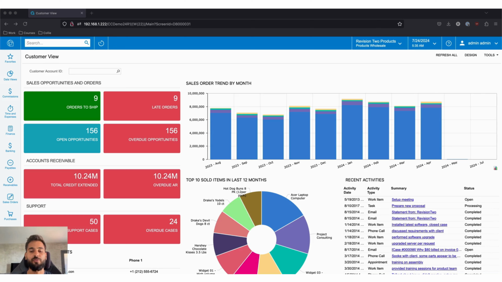So the commission draw advances are a commission payment to an employee in a specific payment period, okay?